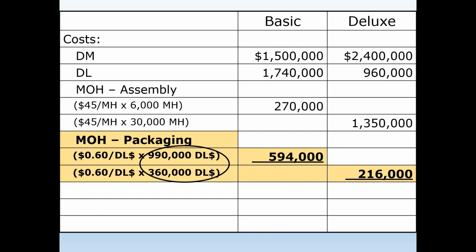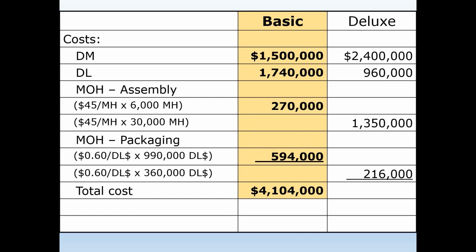Notice that the basic units use a lot more labor dollars in the packaging department than the deluxe units do. This may partially be caused by the fact that the firm makes a lot more basic units. But it also might occur if the basic units are packed several to a box, so it takes more time and skill to get them packed, whereas the deluxe units might be packed individually, which could actually be easier.